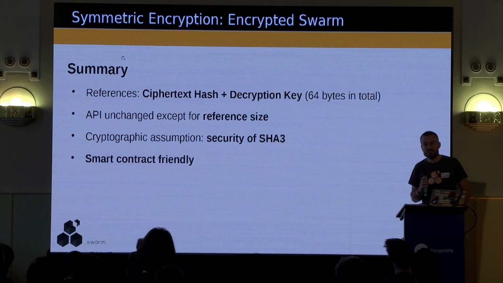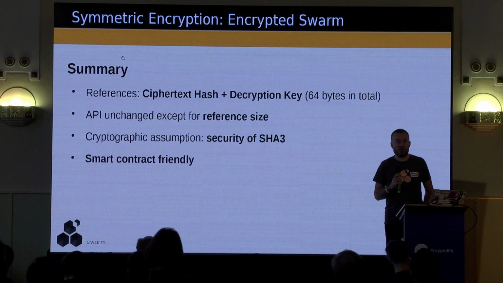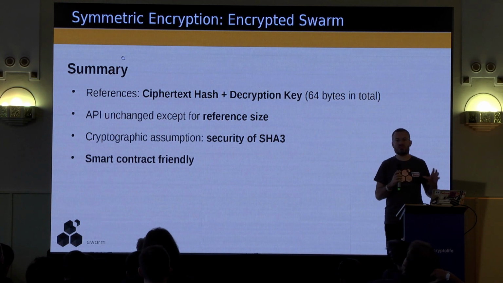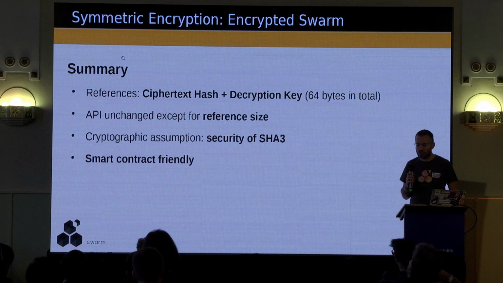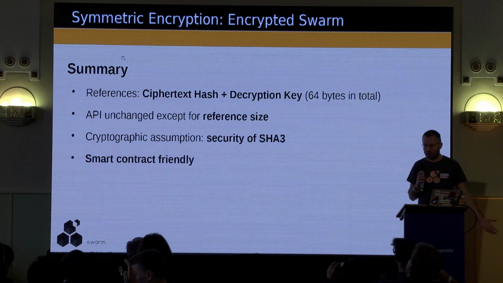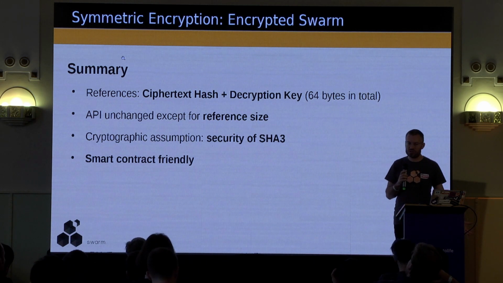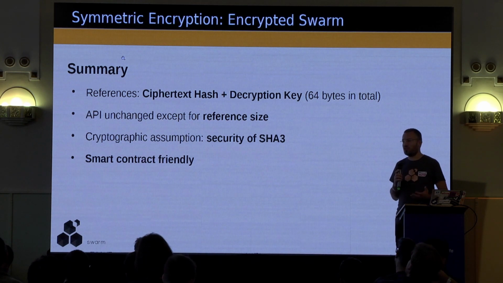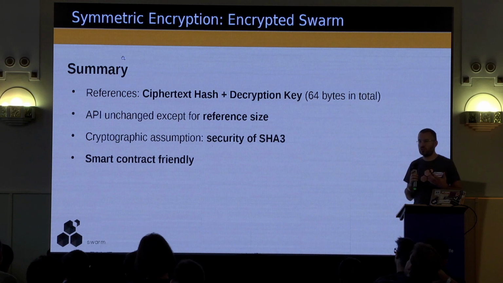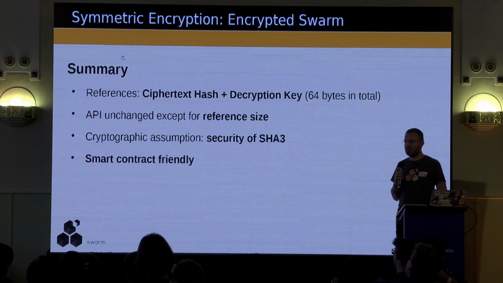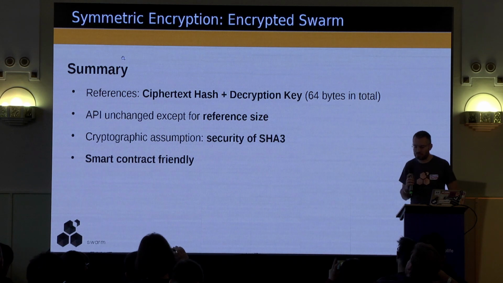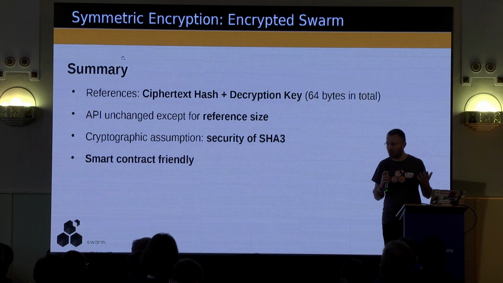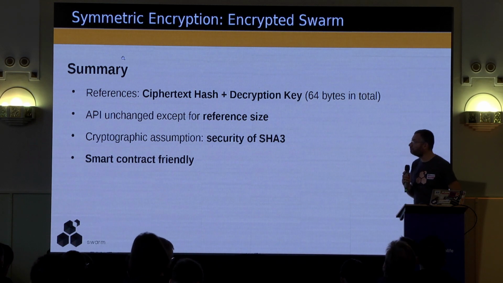So let's summarize. We have done a transformation which allows us to use all the machinery that we know from data structure research, and we applied it to unencrypted Swarm. Now we can use the exact same machinery to keep and manipulate private data, which are only accessible to a certain group of users, but not everybody.